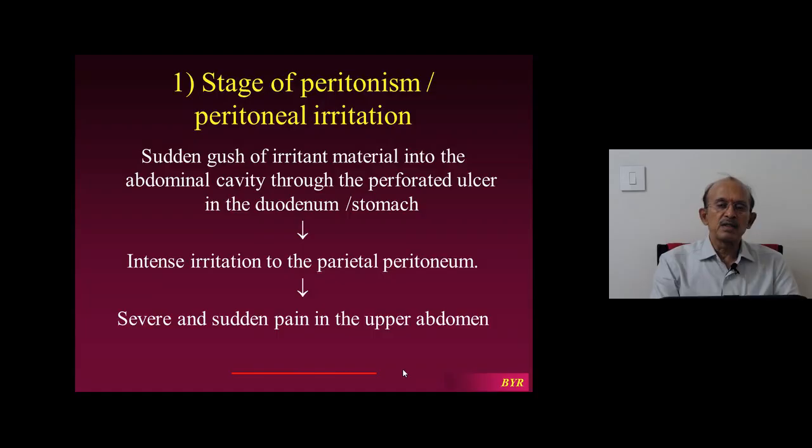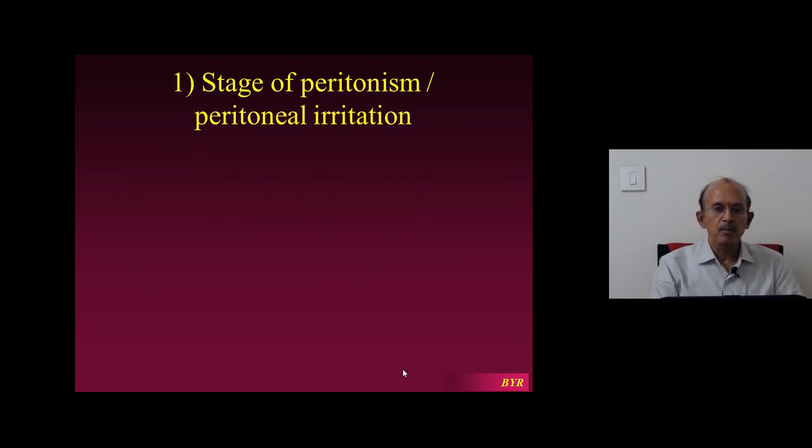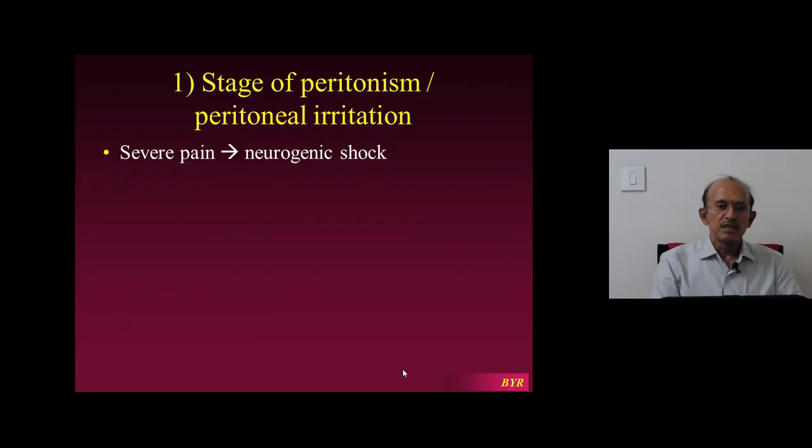Sometimes the pain is so severe, immediately after perforation, the patient says, ah, and then with such a severe pain, he gets into neurogenic shock and he falls down onto the ground. So much severe pain is produced whenever a sudden gush of acid splashes onto the parietal peritoneum. So the severe pain can produce neurogenic shock.